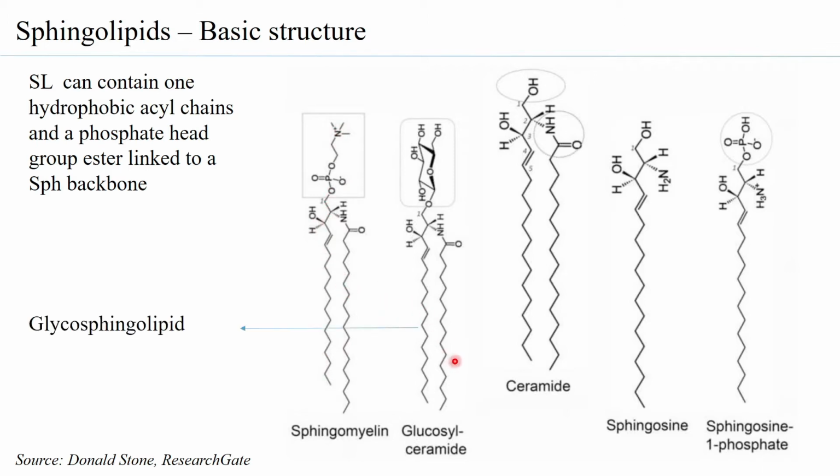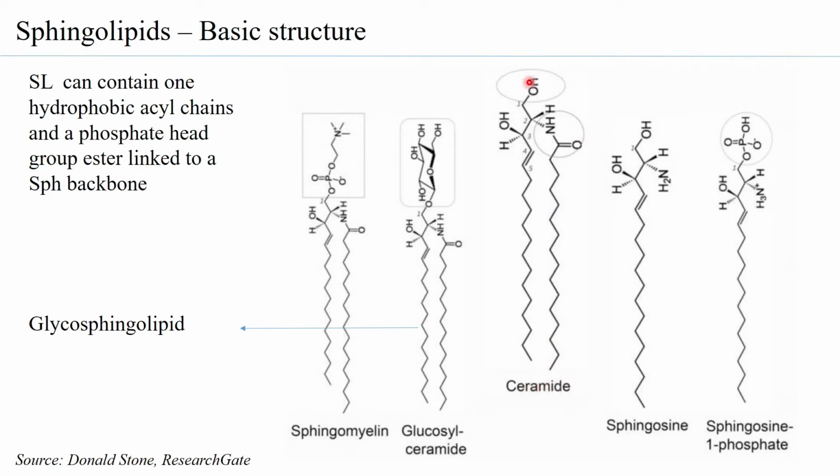Secondly, when you have the NH2 in an amide linkage with the fatty acid chain, then you have the simplest form of glycosphingolipid, and that is ceramide.